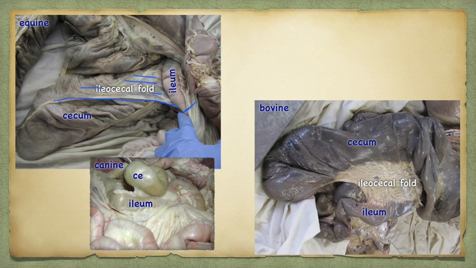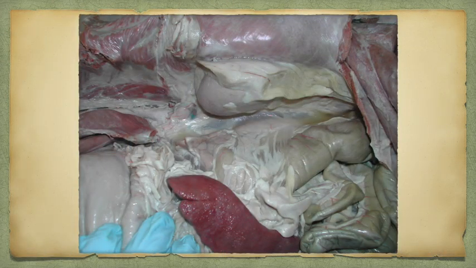And even in the canine, we do see the cecum, the ileum and a little bit of an ileocecal fold. But remember how we use the antimesenteric ileal artery, which runs along here, really to define the length of our ileum. So from here we go on into the colon.